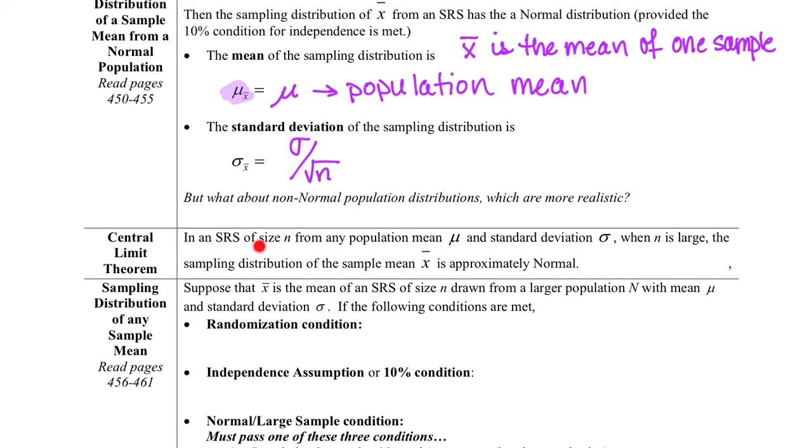In a simple random sample of size n from any population with mean mu and standard deviation, when n is large, then the sampling distribution of the mean is approximately normal. So if I take all of these samples and find their mean, they will create a normal distribution. And we're going to see this happen in class. I've got a great activity for this.